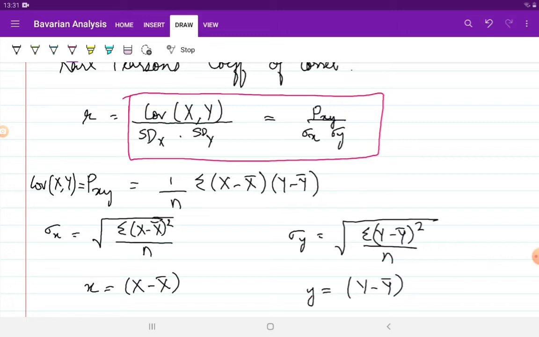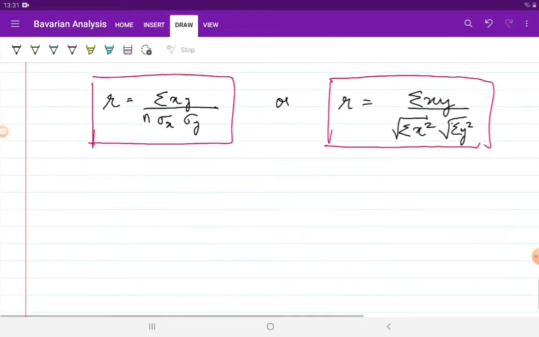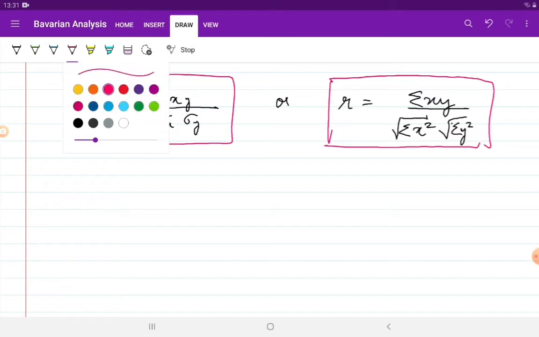The values of r will vary between -1 and 1.